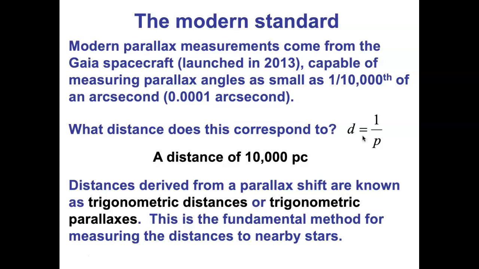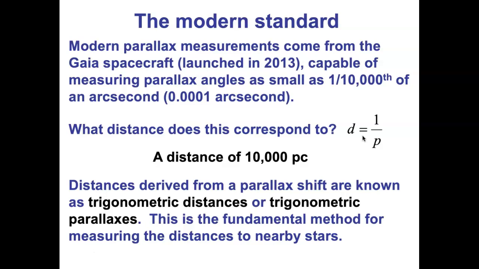It's fantastic. It's an amazing tool. But it's not all the stars, because the galaxy is a lot bigger than 10,000 parsecs. So most of the stars in the galaxy are actually outside of that radius.